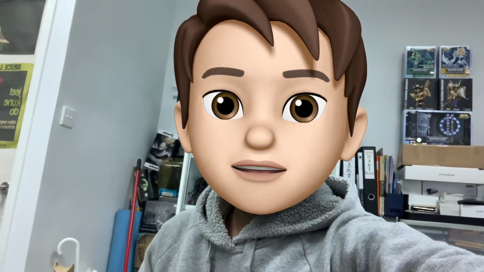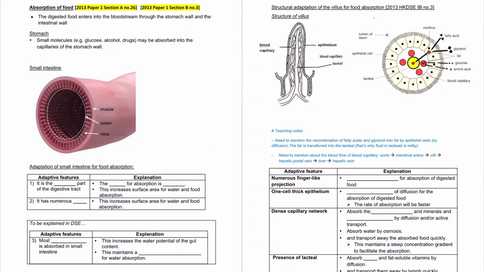All right, let's go. Last time we completed talking about the digestion of food, and you should remember that most of the carbohydrates in our ingested food are broken down into monosaccharides, right?